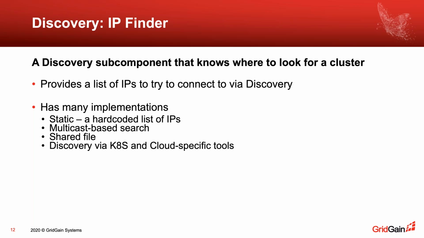So these implementations use tools and mechanisms specific to these modern environments to find other running nodes, for example, to find a list of running Kubernetes pods with Apache Ignite.